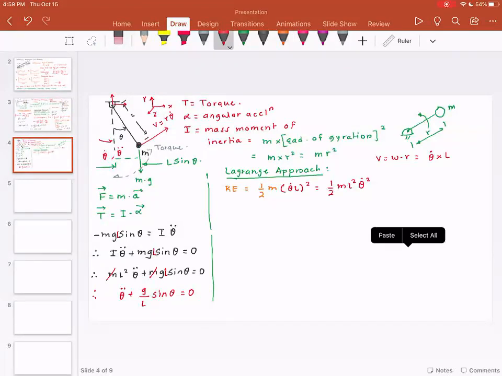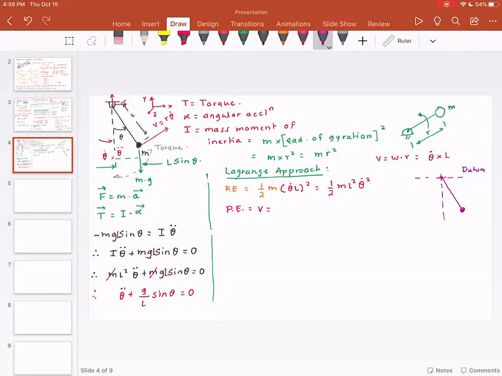And then I'm interested in potential energy, V. Potential energy depends upon the datum. So for an example, I'm going to consider this pendulum mass over here, and treat this as my datum.